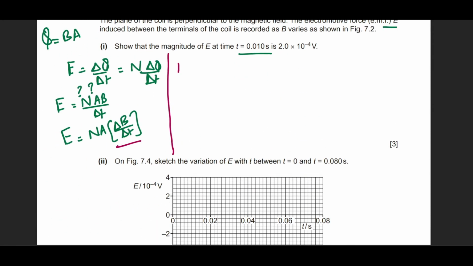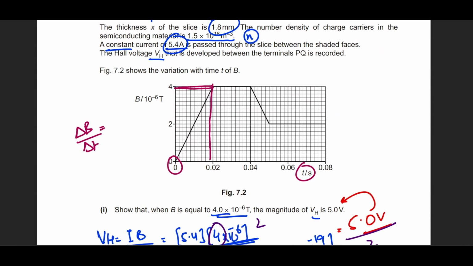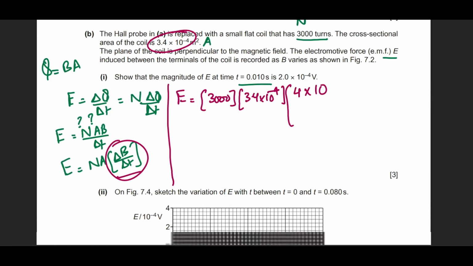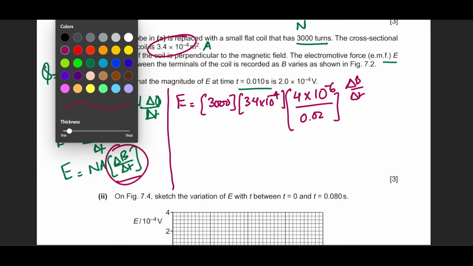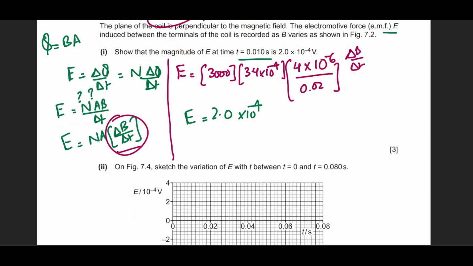My EMF was equal to N, which was 3,000 turns, times the cross-sectional area, which is 3.4 × 10^-4, times ΔB by ΔT, which is 4 × 10^-6, yep, minus 6, divided by 0.02 with no prefix. So 4 × 10^-6 divided by 0.02 is my ΔB by ΔT. When you calculate this, it comes out exactly as 2.0 × 10^-4. So we've shown what the examiner wanted us to show.